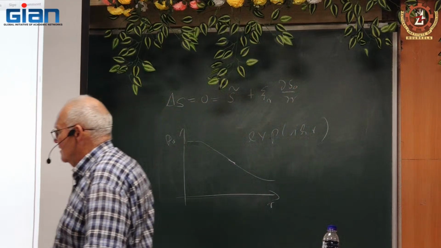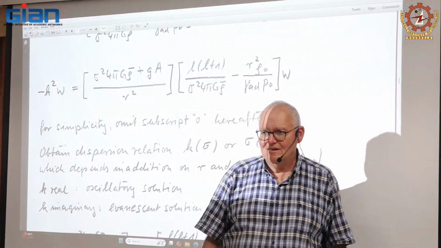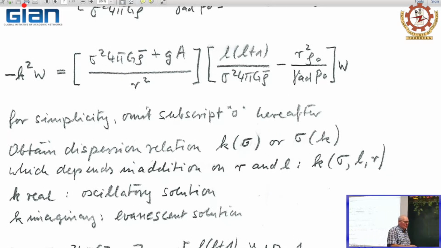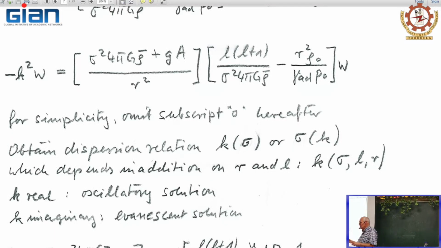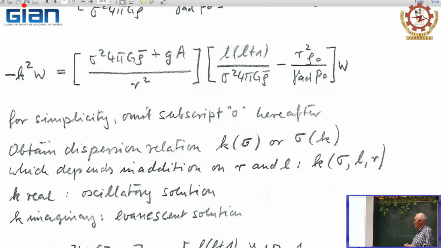In that case, we are talking about so-called evanescent solutions. This means we distinguish between real and imaginary values of the wave number. Keep in mind, k real means oscillatory solution, k imaginary is equivalent to an exponential, or in other words, evanescent solution.